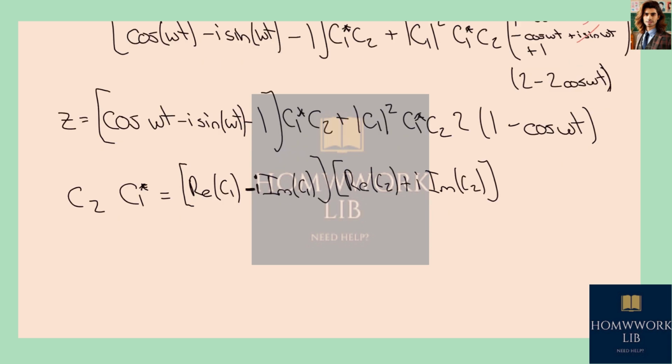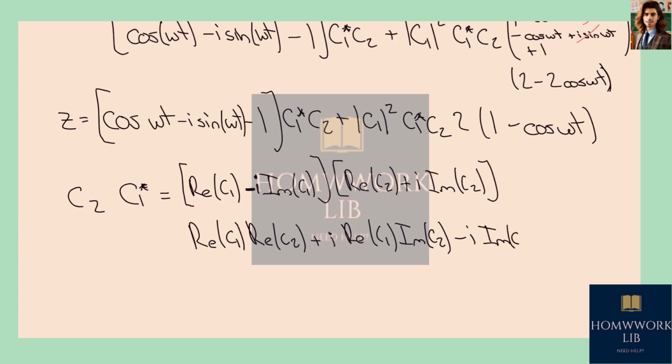Okay, so the product is going to be real part of C1 times the real part of C2, plus I times the real part of C1 times the imaginary part of C2, minus I times the imaginary part of C1 times the real part of C2.